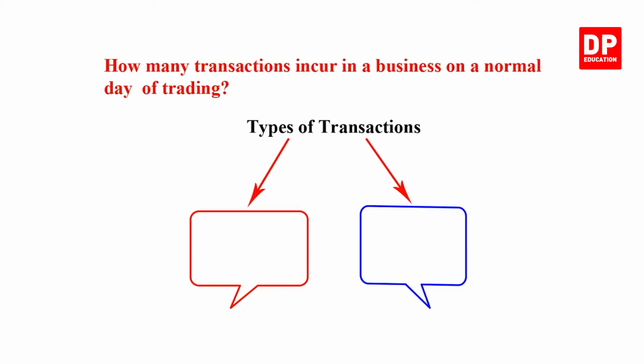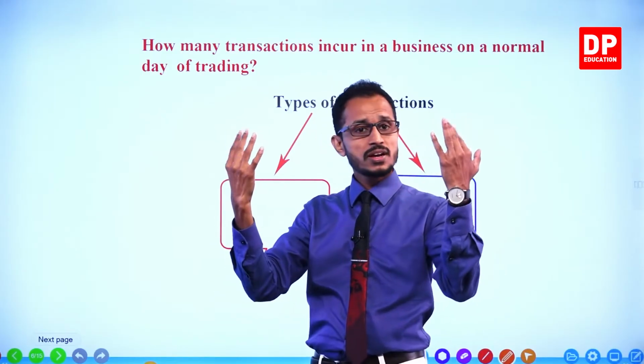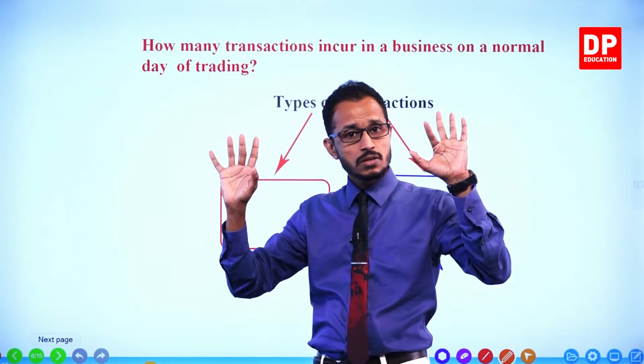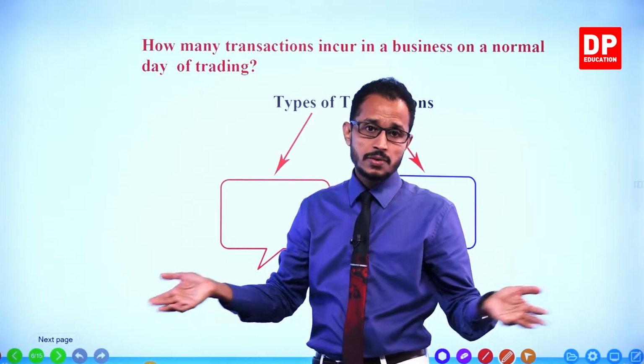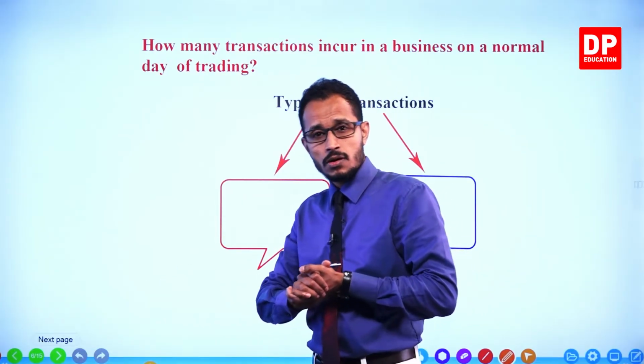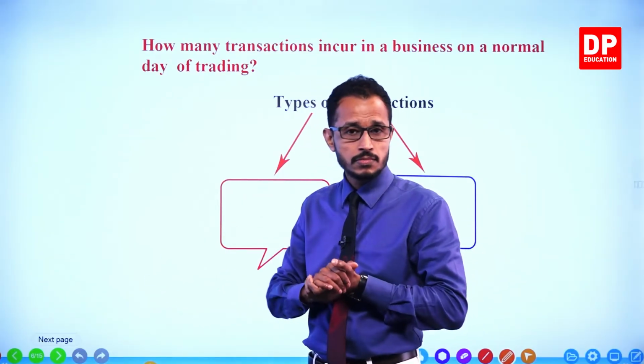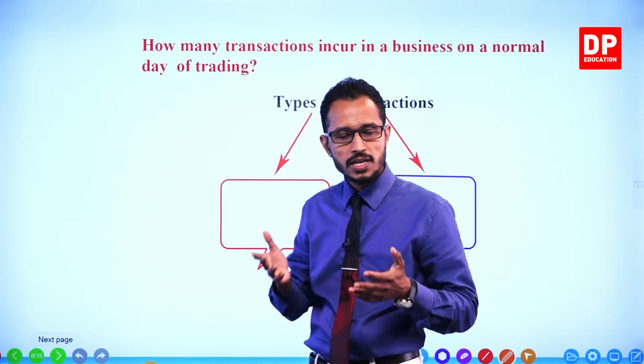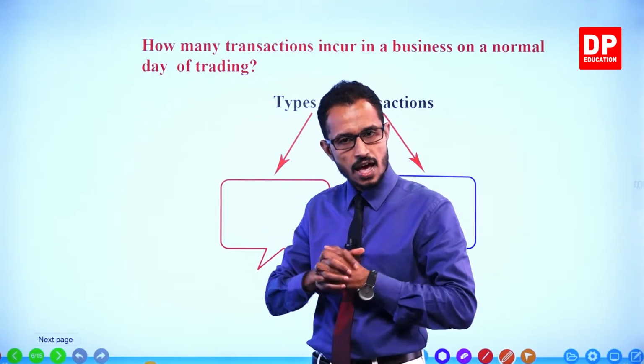Oh yeah, what does it say? How many transactions occur in a business on a normal day of trading? How many transactions? 10, 20, 50, 100, 150, 200, 500?